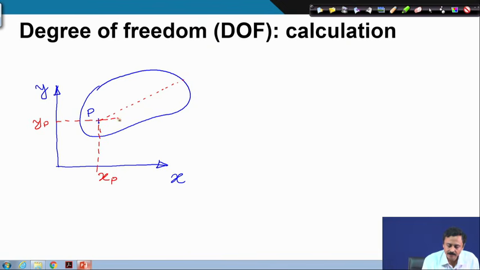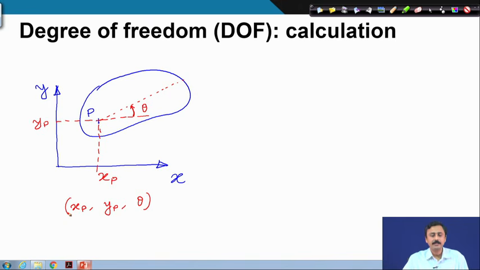I can specify, let us say this angle, let me call it theta. Now, then if I specify x p, y p and theta, then you will notice that this rigid body has been immobilized in the Cartesian space, 2-dimensional Cartesian space, which is shown.